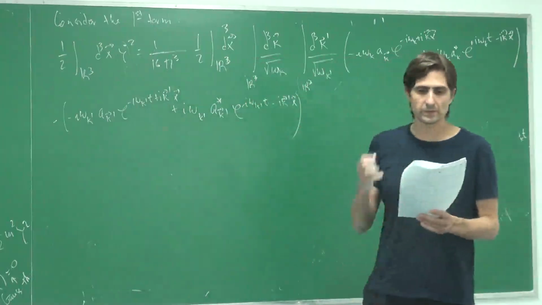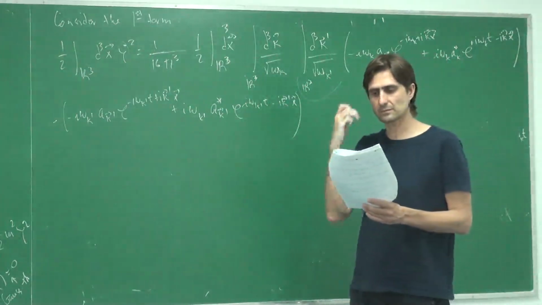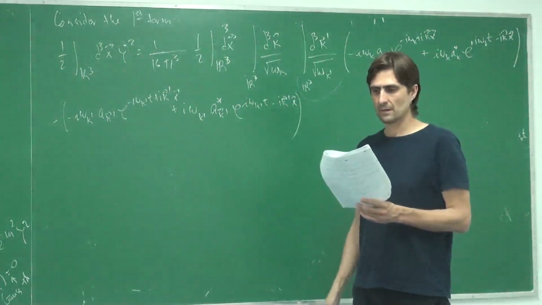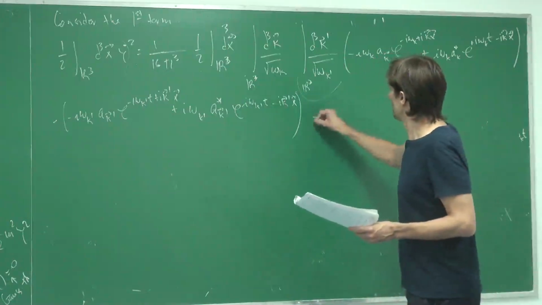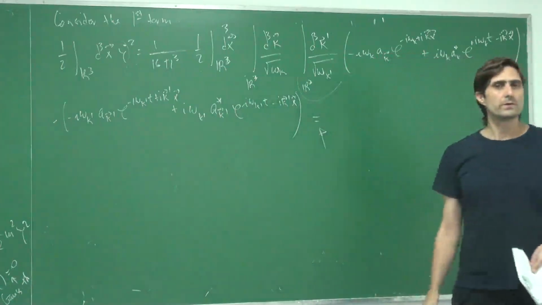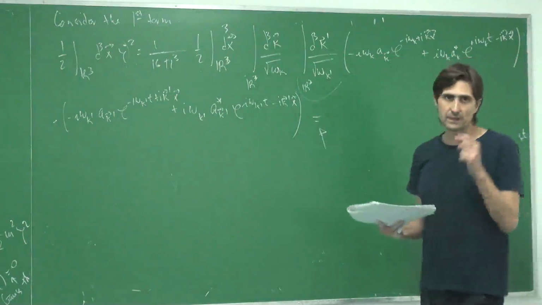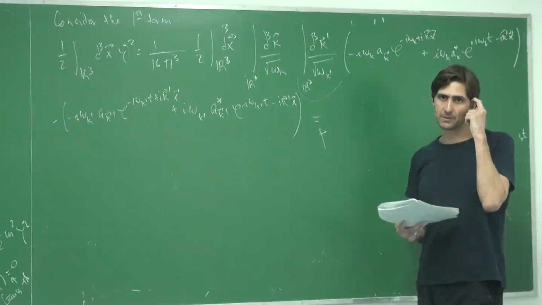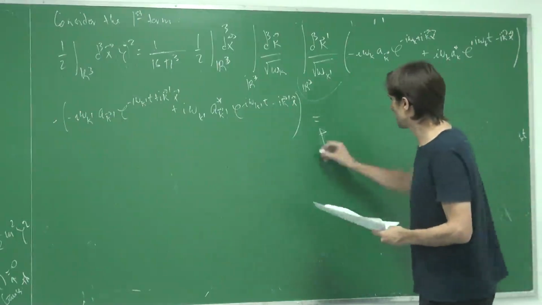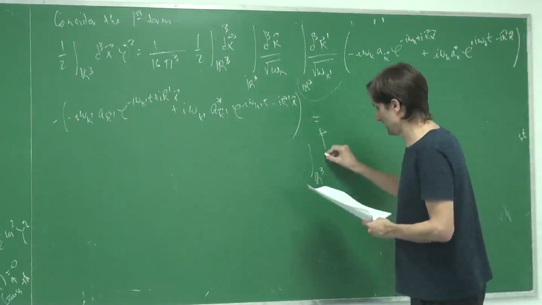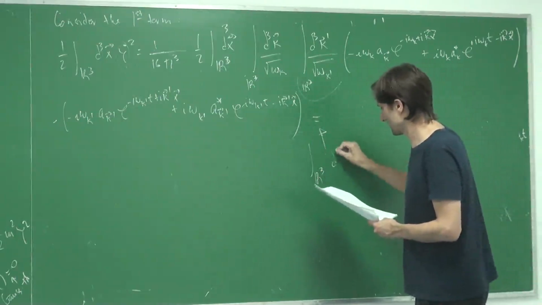Same thing, k to k prime. And now you use the distributional identity that relates the Dirac delta distribution to integrals of exponentials.